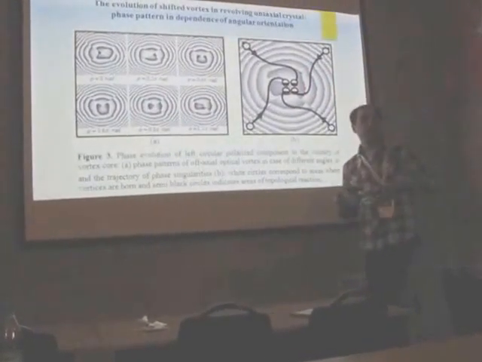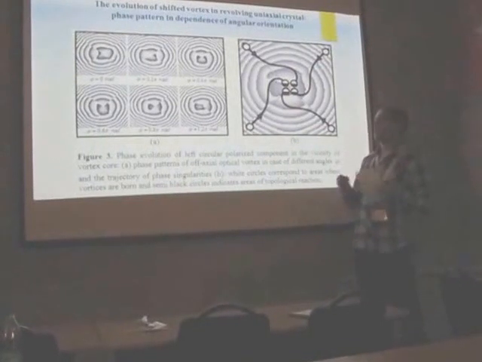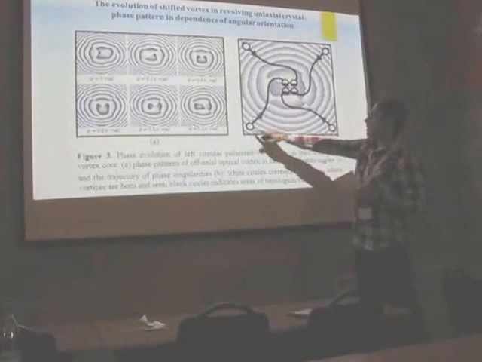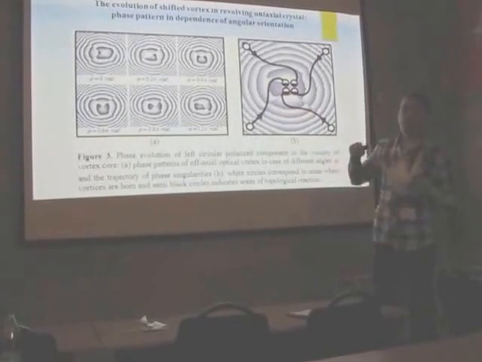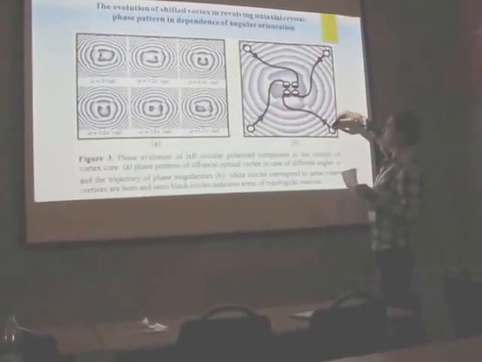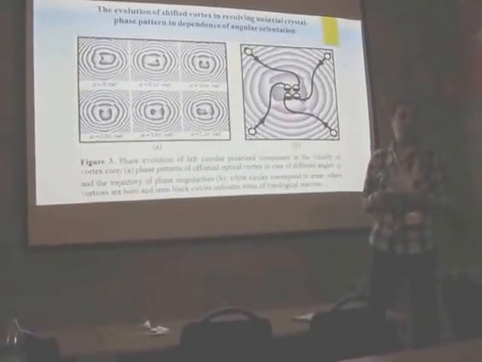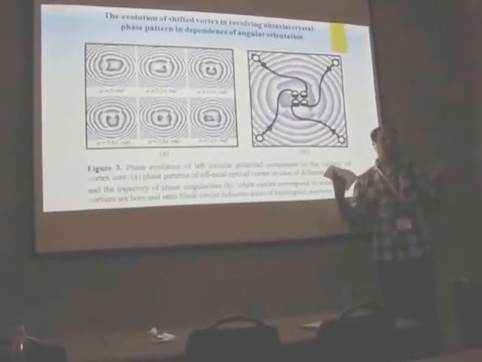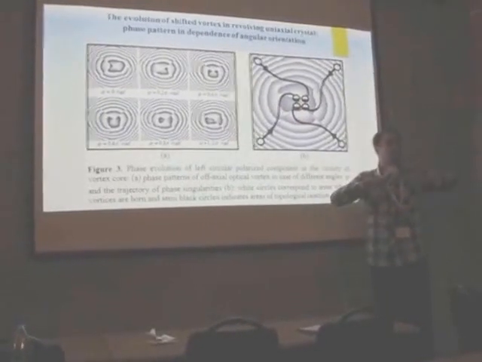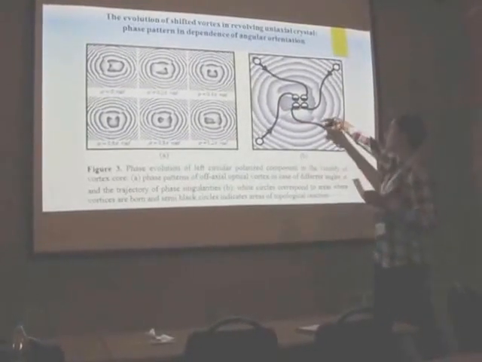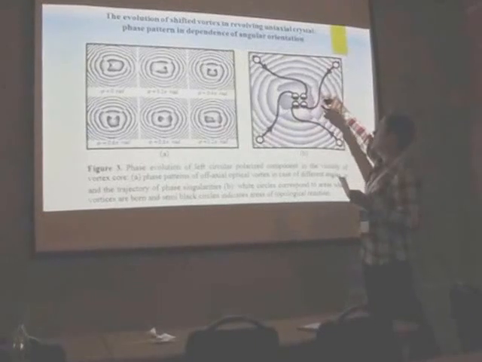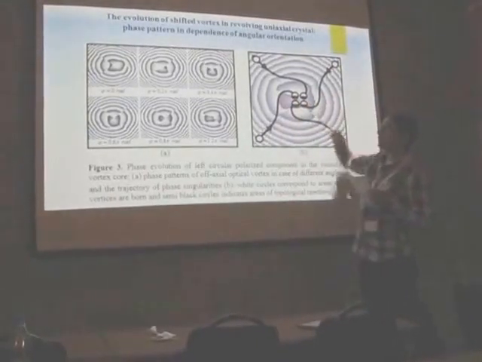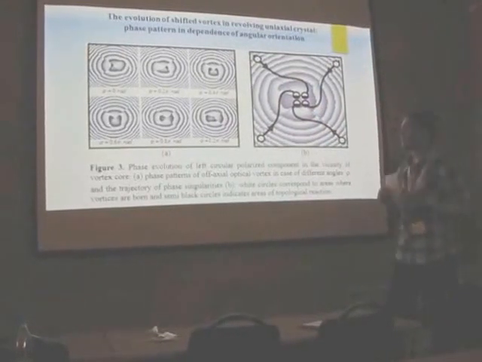During the rotation of the crystal, we can observe the dynamics of singularities. It gives some interesting results because vortices can be generated by crystals. They have the initial vortex, and new vortices are generated, so they can interact with each other. In this way we can build the trajectory of the interaction between vortices.